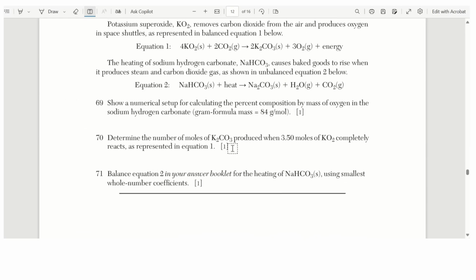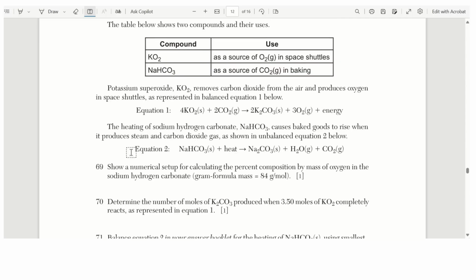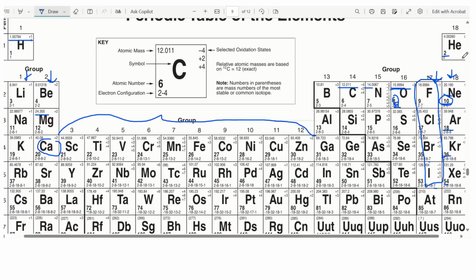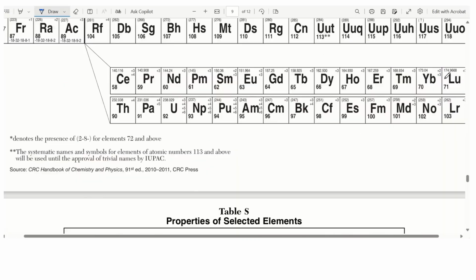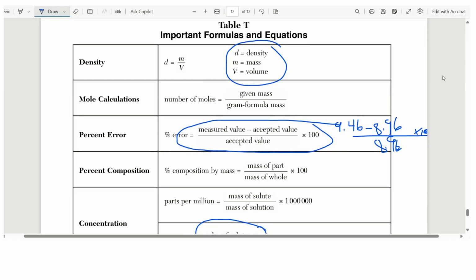And then we have 69 through 71. Show a numerical setup for calculating the percent composition by mass of oxygen in the sodium hydrogen carbonate. And it tells me the gram formula mass. So from the reference tables, I need percent composition by mass.